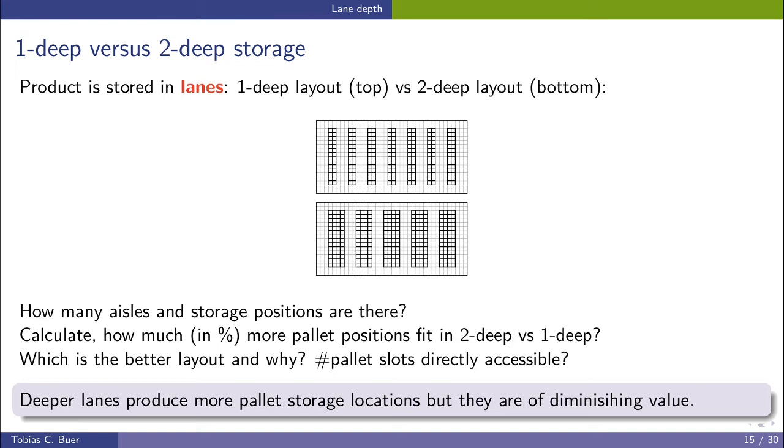On the bottom picture, you can also access from the left and from the right, but the pallet that is immediately stored back to back cannot be accessed directly.